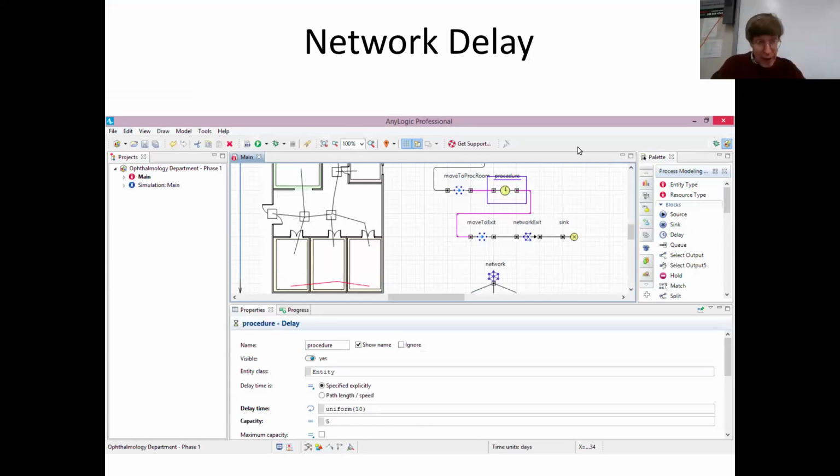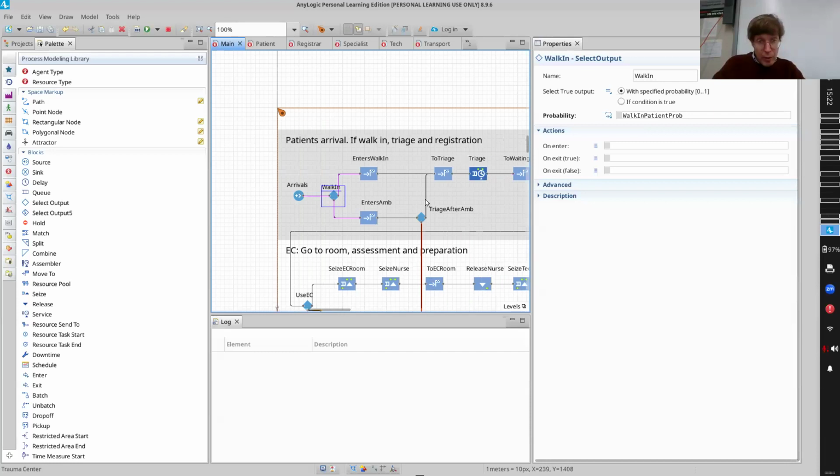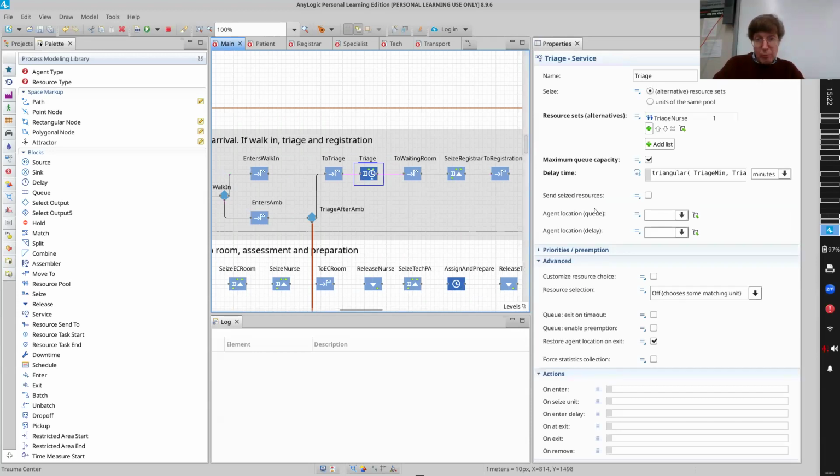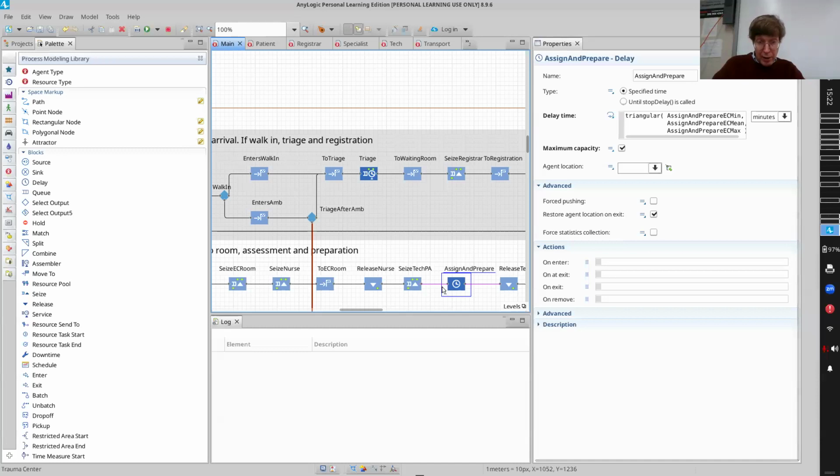A key block is a delay. And sometimes that's combined in what's called a service block. But this would be one by itself. This delay, after they've kind of been admitted, they're awaiting the physician assistant here.